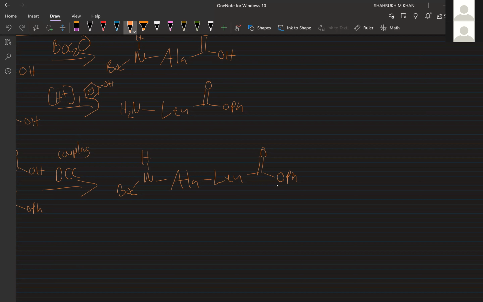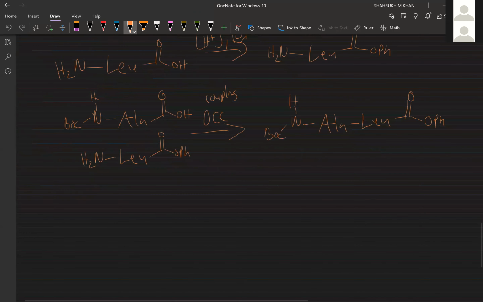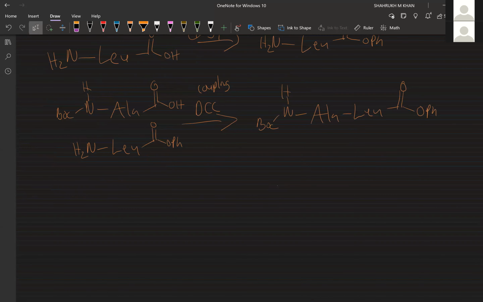Exactly. It's literally a series of protection, do your coupling, deprotect one side, do your coupling, then deprotect anything remaining, and boom, final product. It's just a series of that. So now let's bring this down, so that when you guys view this later, it's all hopefully kind of neat, minus the chicken scratch handwriting.